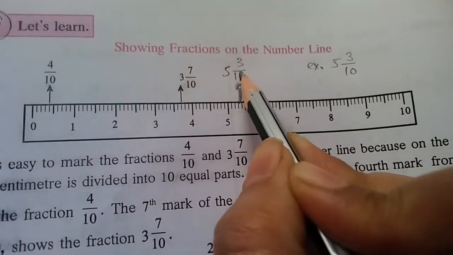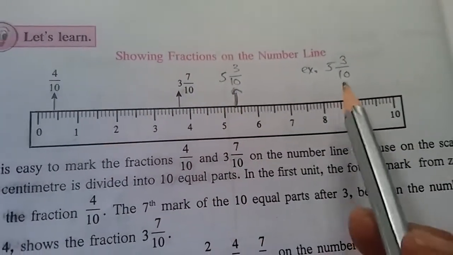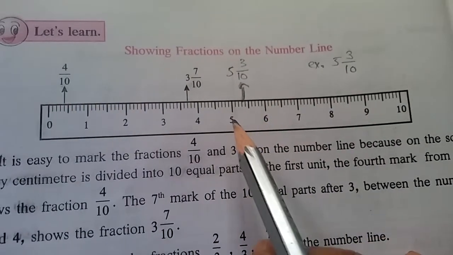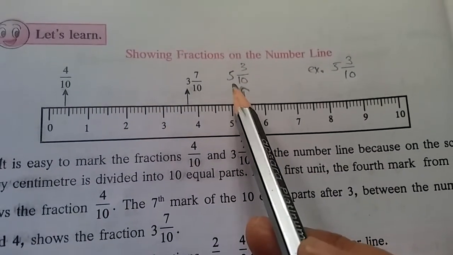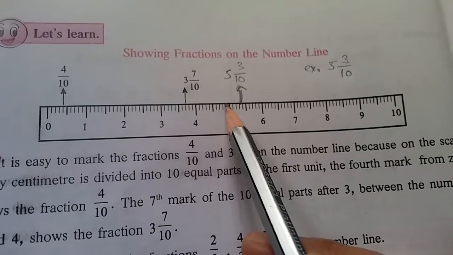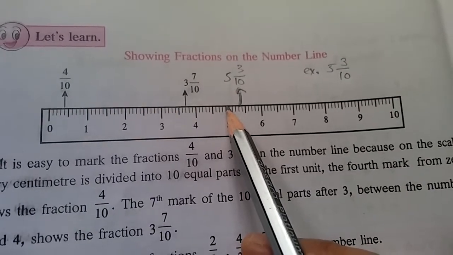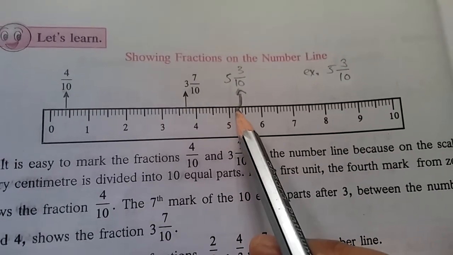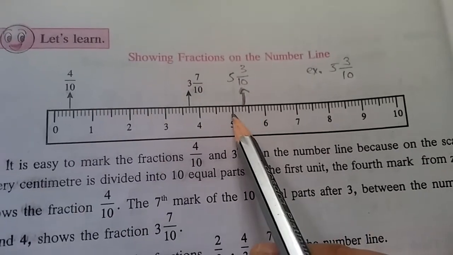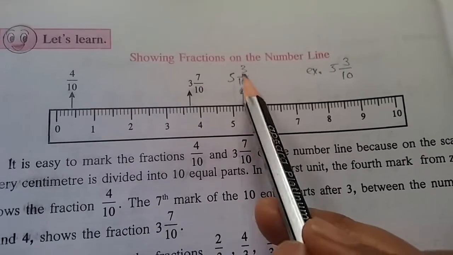This fraction comes in between 5 and 6. 5 is here. From 5, count the 3 lines: 1, 2, 3. And why 10? Because each centimeter is divided into 10 equal parts.